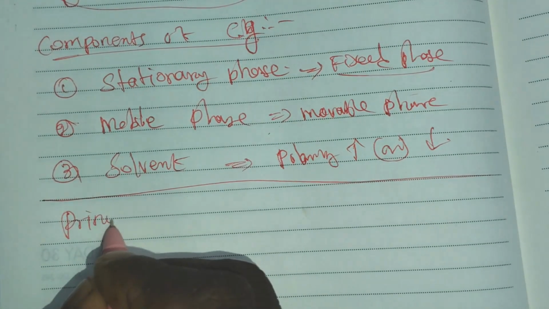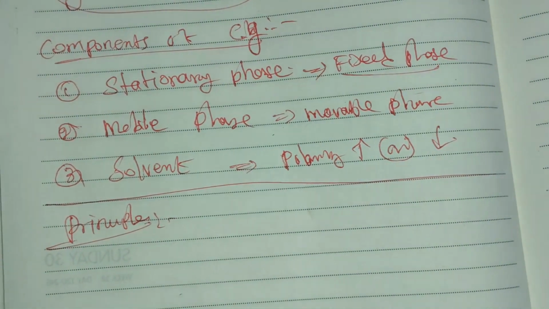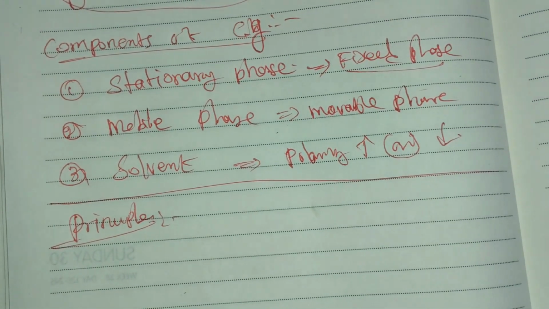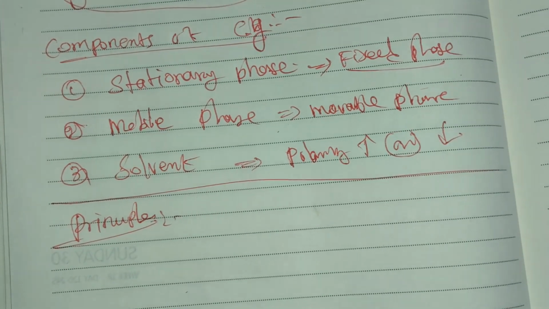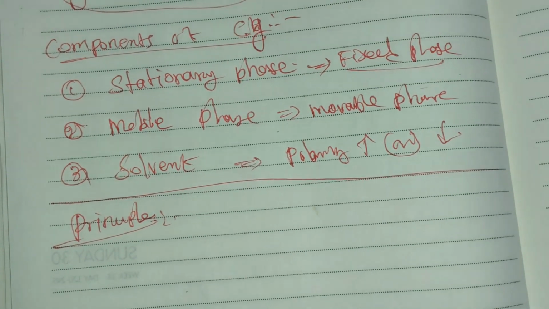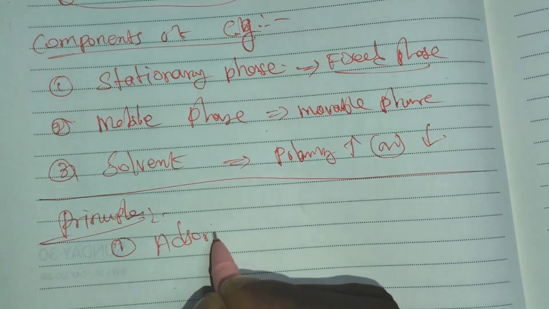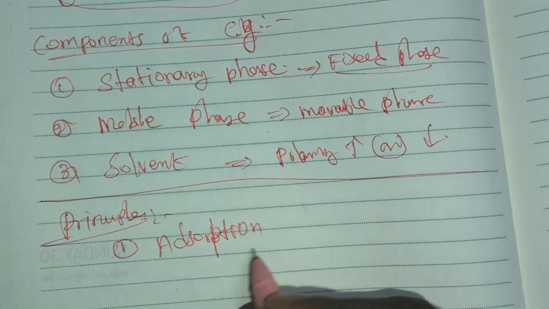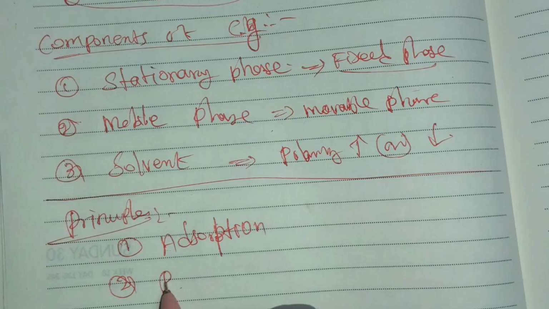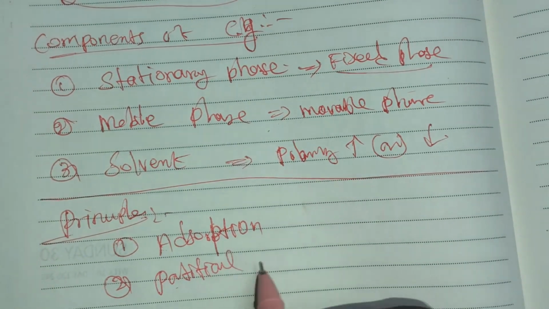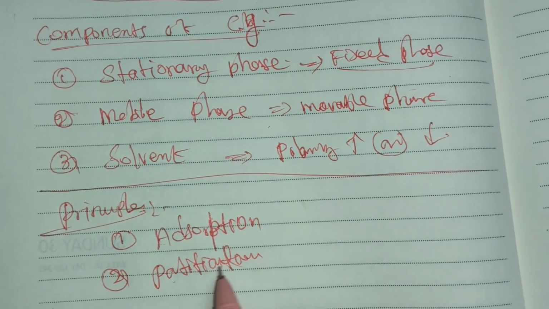Next is the principle. The principle is generally based on the stationary phase type, whether solid or liquid, and is classified into two types. One is the adsorption principle, and the second is the partition principle.